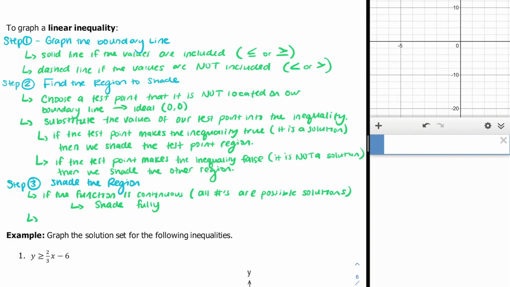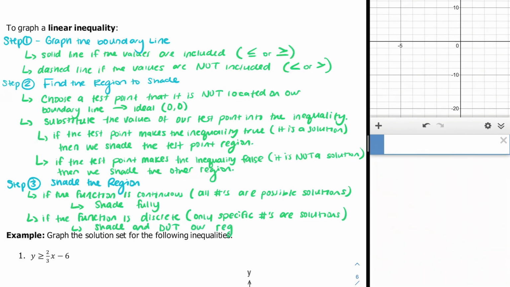So we're just going to straight up color. However, if the function is discrete, that means only specific numbers are solutions. Then we are going to shade and dot our region.